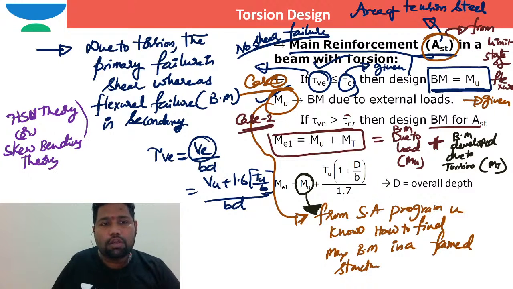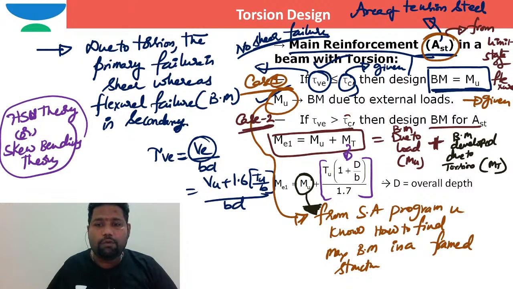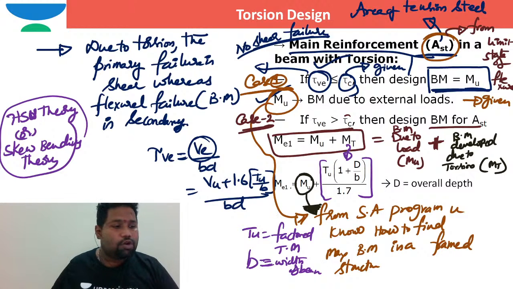They proposed this equation for the bending moment because of torsion: MT equals TU into (1 plus D by B) divided by 1.75. What does TU stand for? Factored torsional moment. D is the overall depth, everybody knows, and B stands for the width of the beam. Like that, we are able to work out this design bending moment.